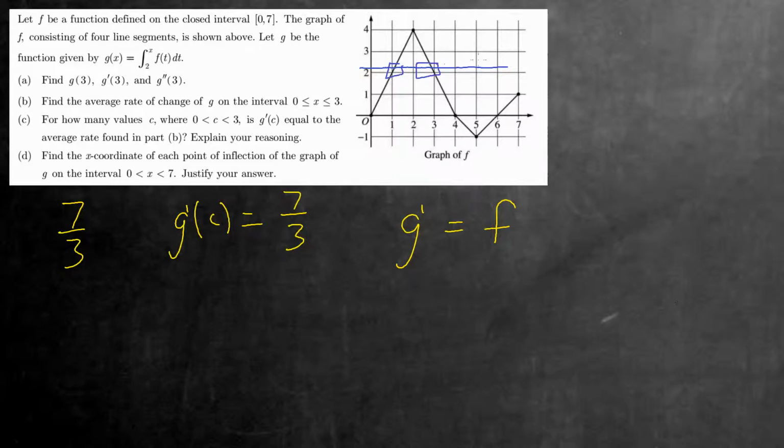So how many times does g prime equal 7/3? Good justification for that would just be by the graph, somewhere between 1 and 2, and between 2 and 3. So it equals that 2 times.